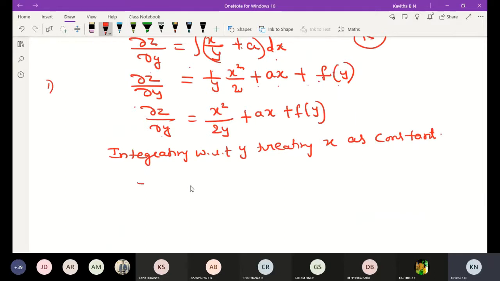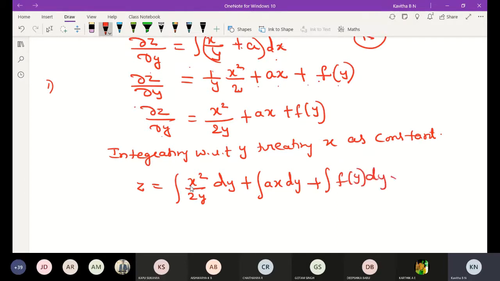Then z is equal to the integration of x square by 2y dy plus the integration of ax dy plus the integration of f of y dy plus, in place of the constant, since f was already used, here x is a constant, so we write g of x.